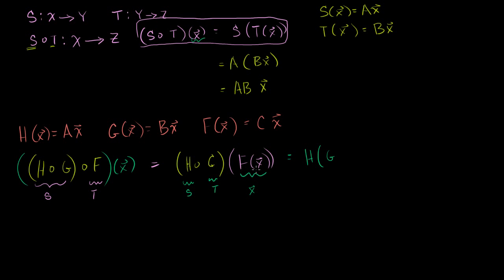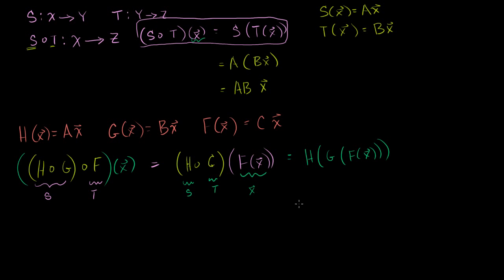But instead of an x, we have this whole vector here, which was the transformation f applied to x. So g of f of x. That's what this is equal to. The composition of h with g, composed with f, all of that applied to x, is equal to h of g of f of x.